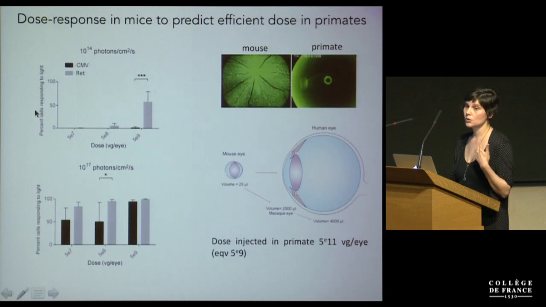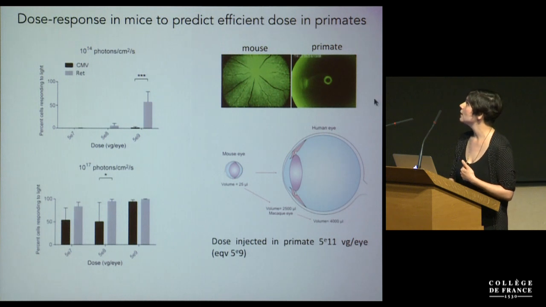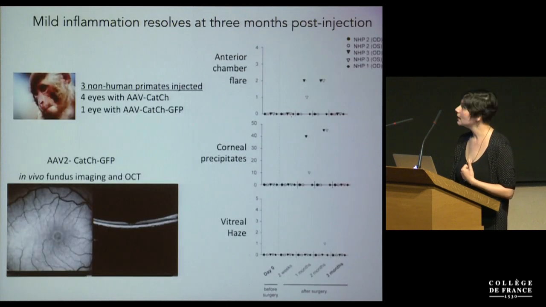So in order to use less light and less AAV and get still robust responses at the safe range, we decided to use the pharmacological equivalent of 5 × 10⁹ particles that was used in mice to go to the primate for translation, and we used macaques. So what we did, macaque has about 100 times more vitreous than mice. We injected the 100 times greater dose in the macaque to obtain the same efficacy. And indeed, this is what was done.